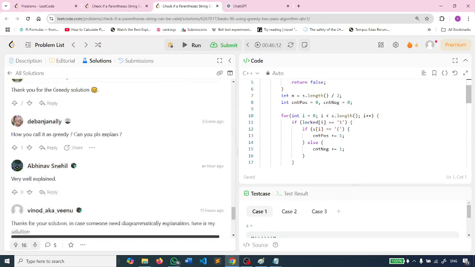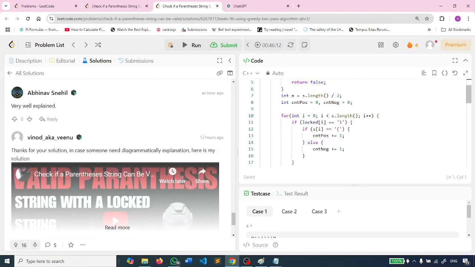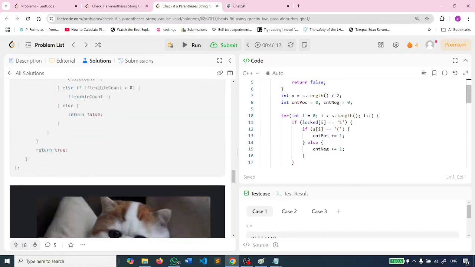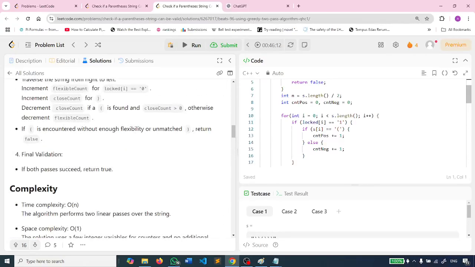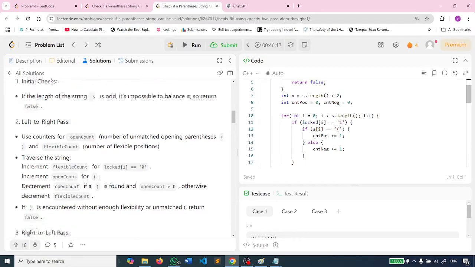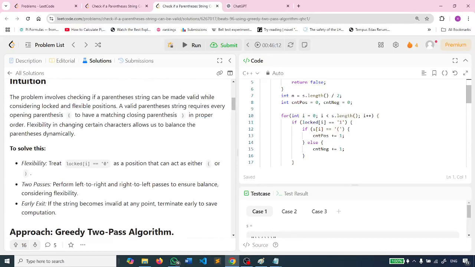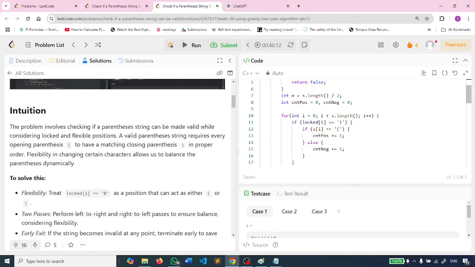Thank you for the greedy solution. Okay, to be fair, maybe his explanation is good and maybe it's complete and you can read it and convince yourself this works. But I'll be honest, the approach looks so big and the explanation is basically non-existent. This is just 5 lines of code. He did not even explain.